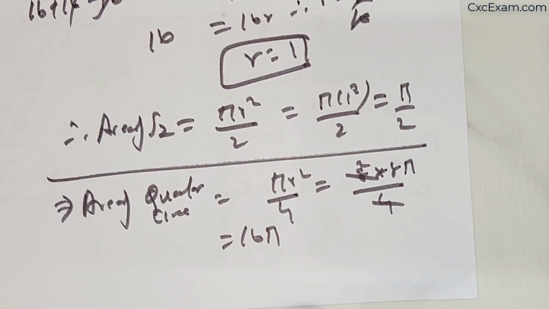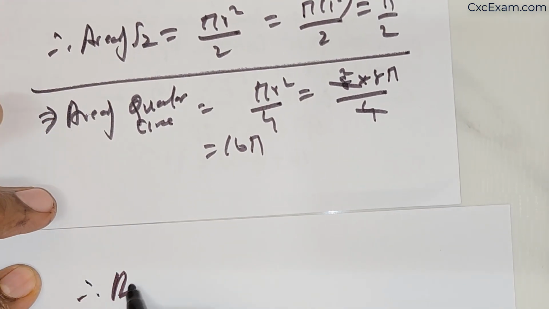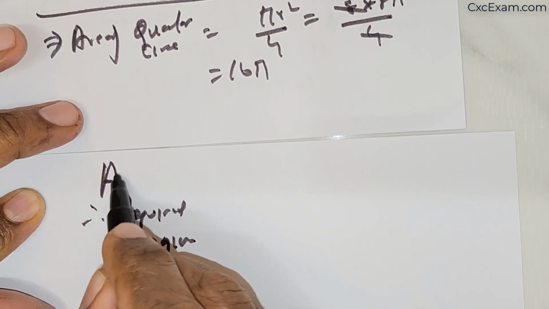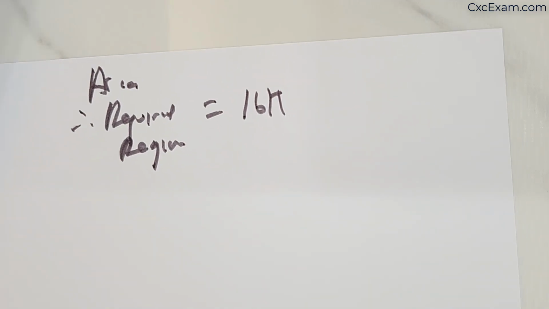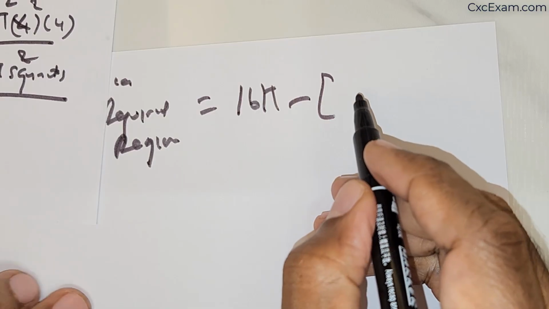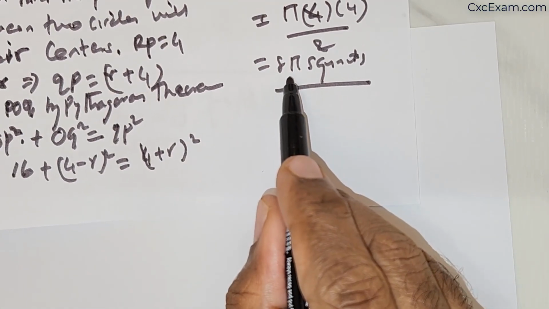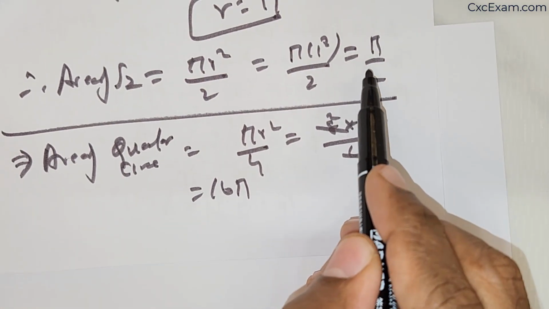So what we have to do is, for the required shaded region, from the quarter circle we take away the two areas. So this is 8 pi, one region, and pi over 2 is another region.